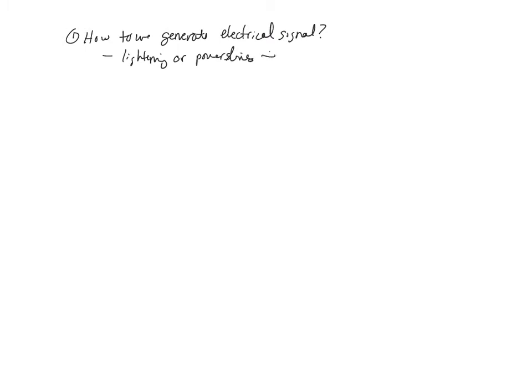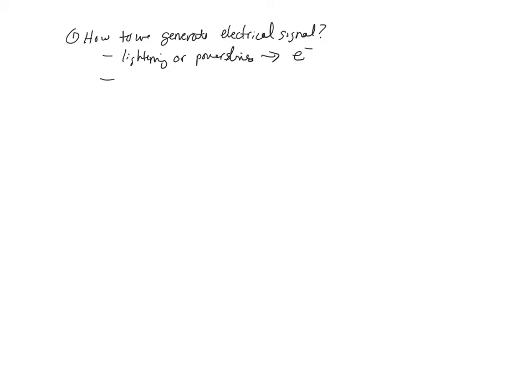All right, so let's just start with a blank slate and talk about what we're doing. The big question we're going to be asking is, how do we generate an electrical signal? If you remember, we've talked about this before with lightning or power lines. You're looking at free electrons.